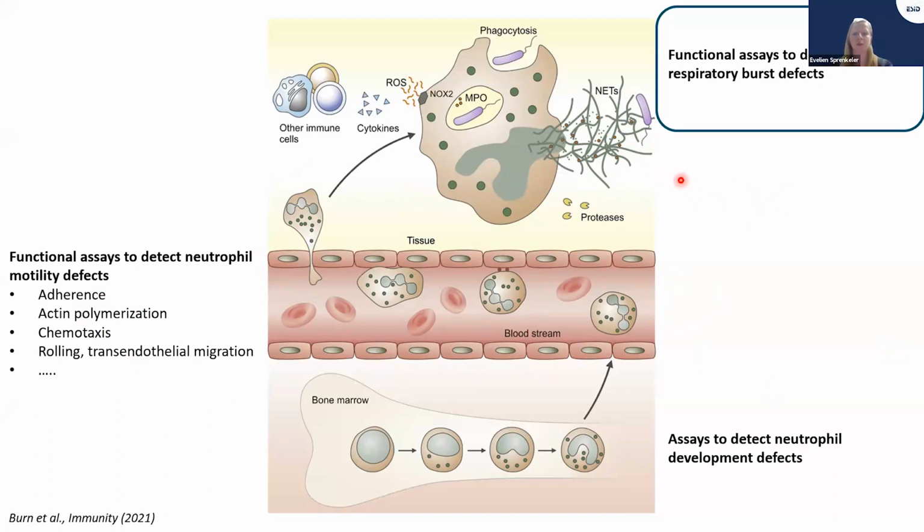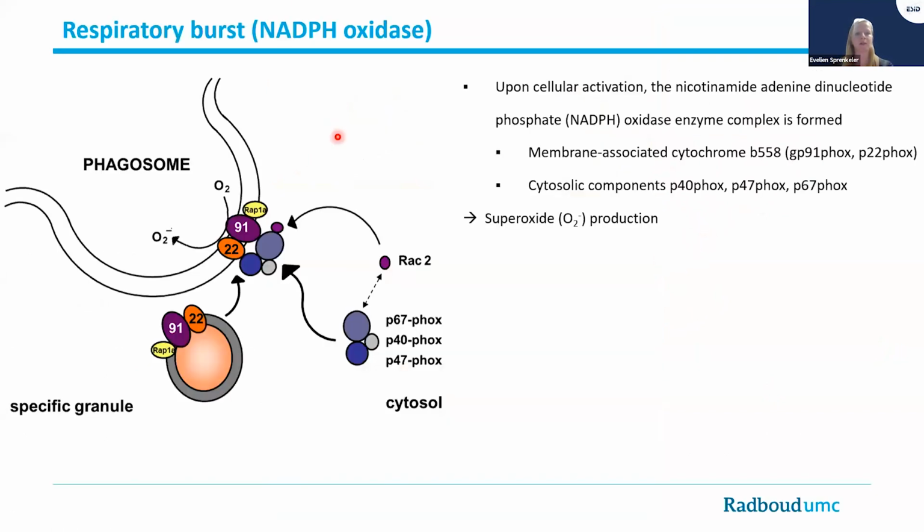I want to talk about functional assays to detect the neutrophil respiratory burst, and you do this mainly for the identification of chronic granulomatous disease. So what is the respiratory burst?